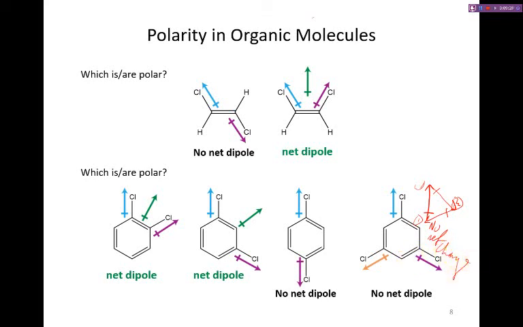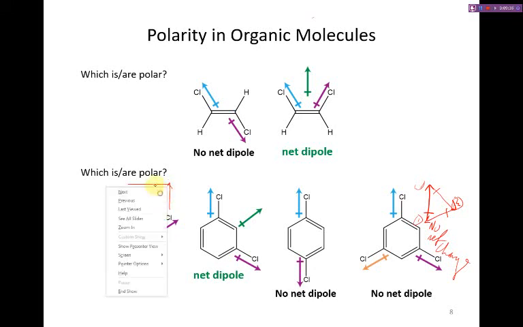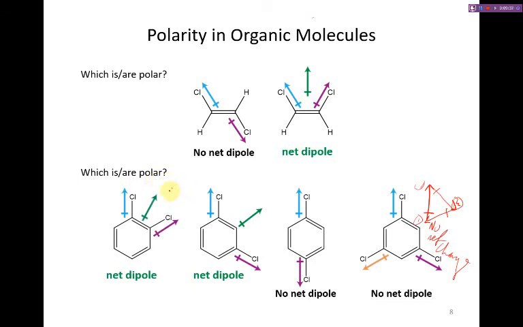If we were to take a look at the bond dipoles of these other molecules, we can actually see that there's a difference. Try to draw them the same length when they're the same elements that are involved.